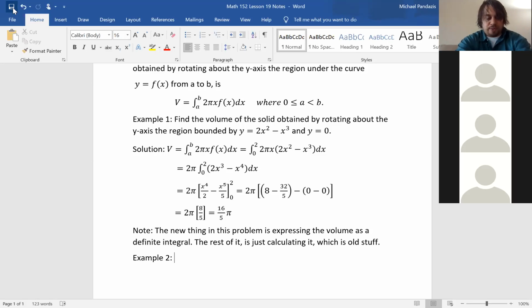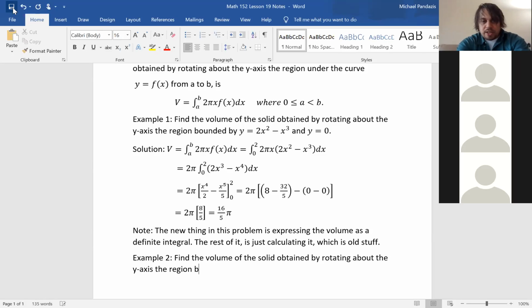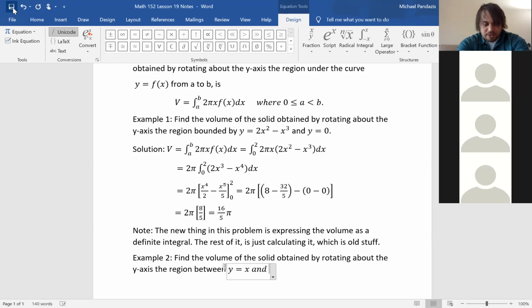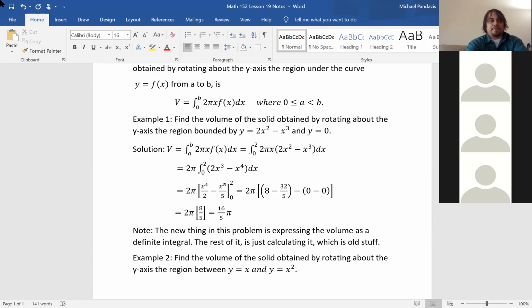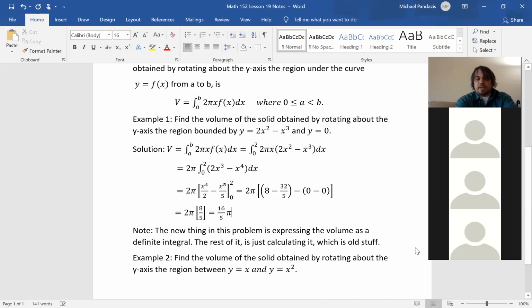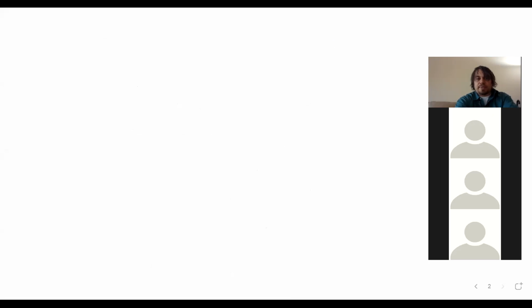Okay, so example 2. Find the volume of the solid obtained by rotating about the y-axis the region between y equals x and y equals x squared. For this, it's always helpful to draw a picture, especially if you're just learning it.